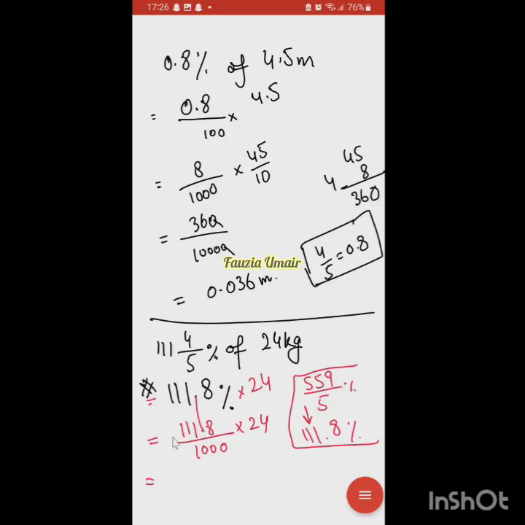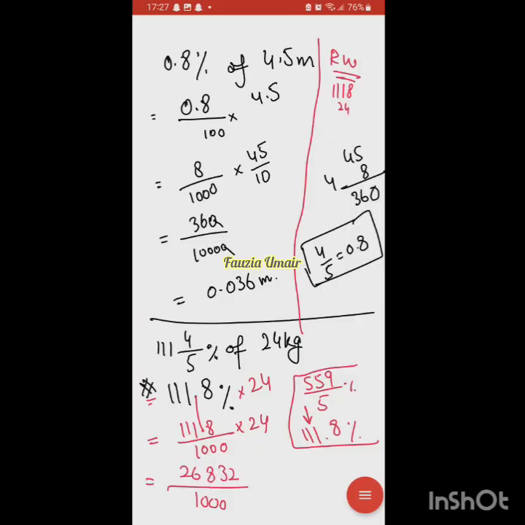So now you need to multiply these two numbers. 1118 multiplied with 24. What is the answer? Now let me multiply. 26,832.